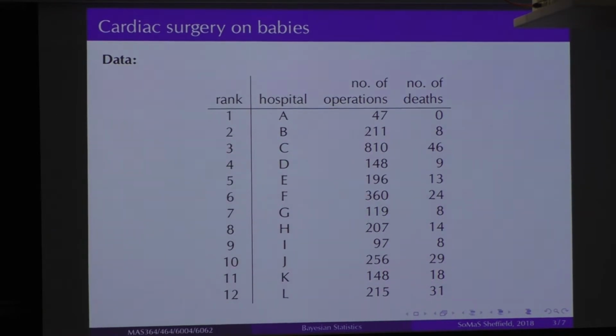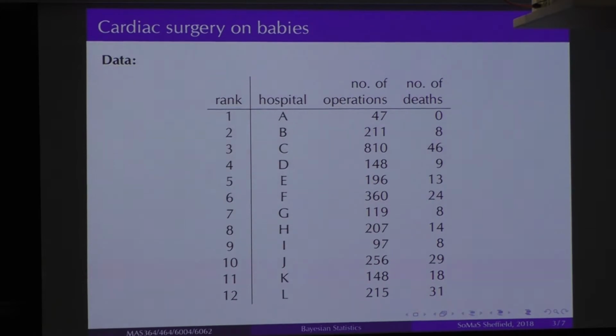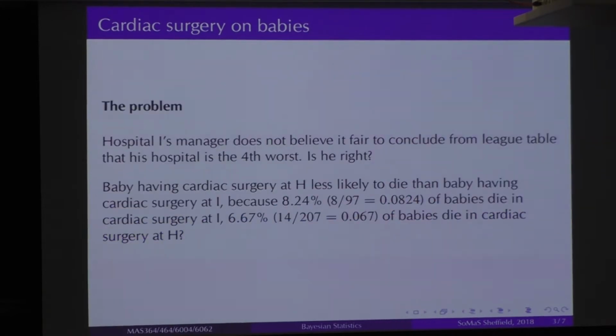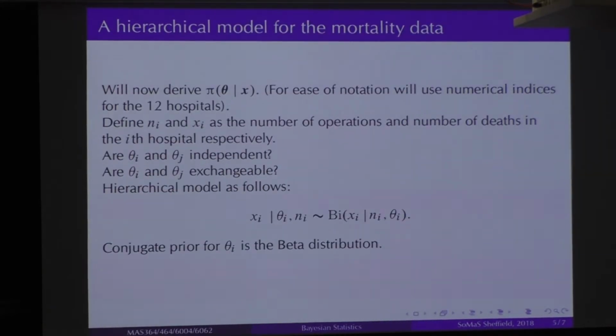Probably not, right? These are just names. These are just tags that identify individual hospitals, but the order doesn't make any difference in the information of the mortality rates, right? That's what we mean by exchangeable, that we can change the order of them, and the information that we have from them is the same, okay? So if they are not independent, but they are exchangeable, then we'll need to set a prior that reflects this fact, okay? That the theta i's are not independent, but the order in which they are presented is irrelevant.